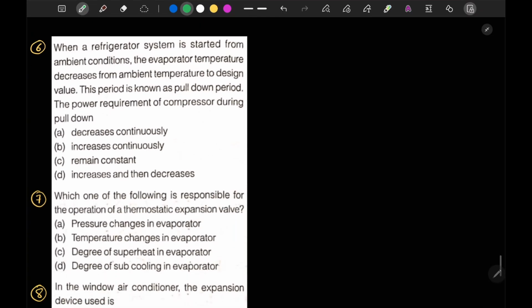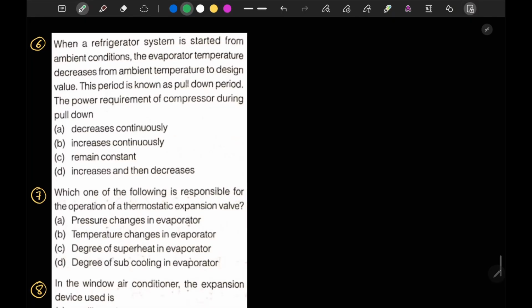Next, when a refrigerator system is started from ambient condition, the evaporator temperature decreases from ambient temperature to design value. This period is known as the pull down period. What is the power requirement of the compressor during the pull down period?